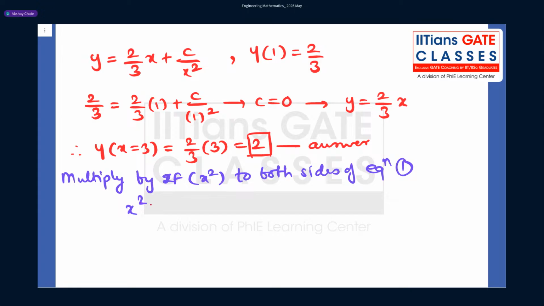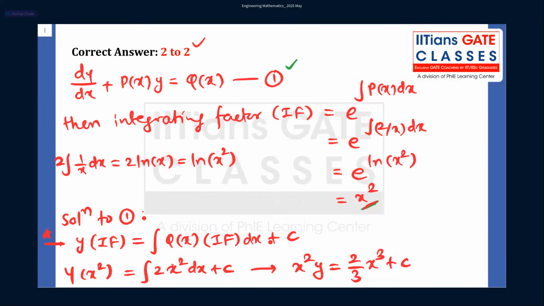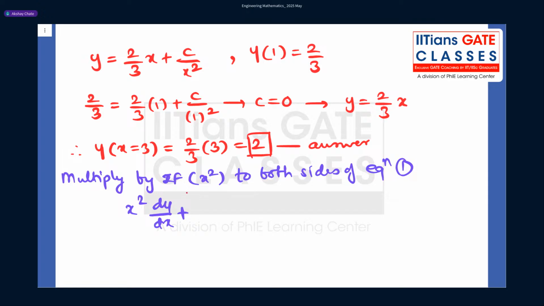So you will have x square dy by dx plus p of x is 2 by x, right? So x square into 2 by x into y equal to 2 into x square. Okay, and that is nothing but x square dy by dx plus 2xy equal to 2x square, right?